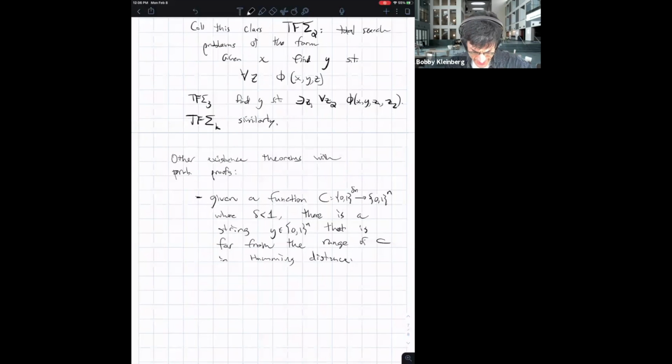How far? At least R of delta times n, for some function R that maps positive constants to positive constants.